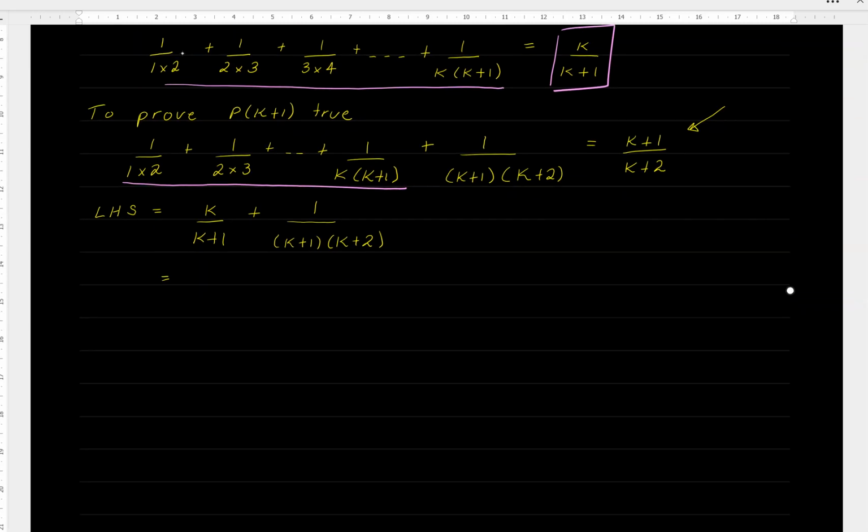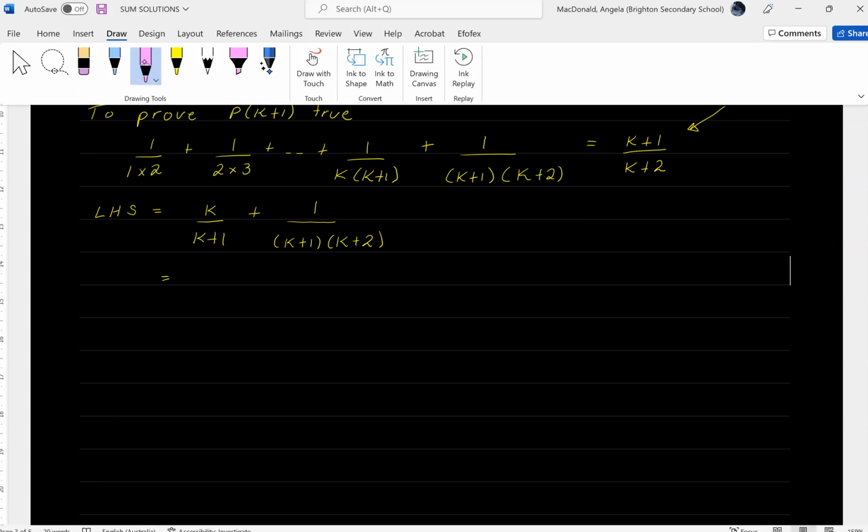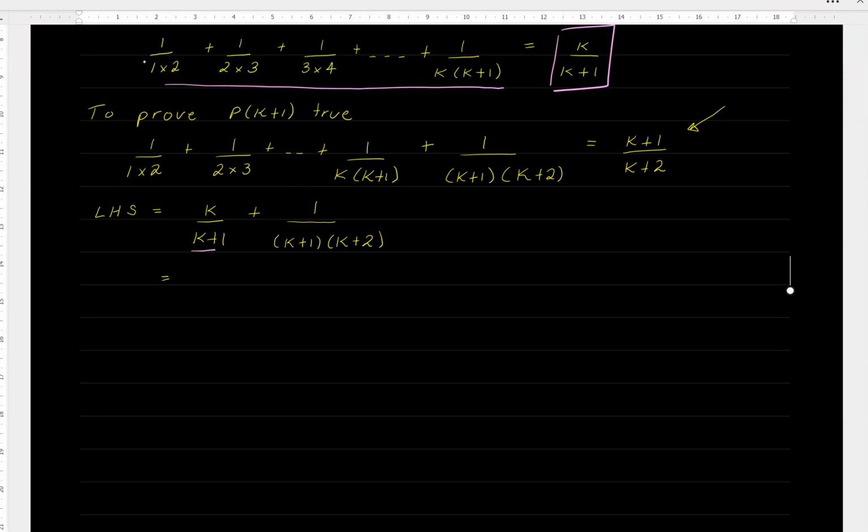So we look at what we have, and we've clearly got fractions. How do we add fractions together? We want to get a common denominator. Now we can see, we could just times the denominators together, but we can see that both of them actually already have the k plus 1 there.